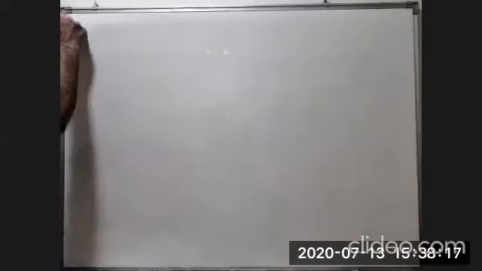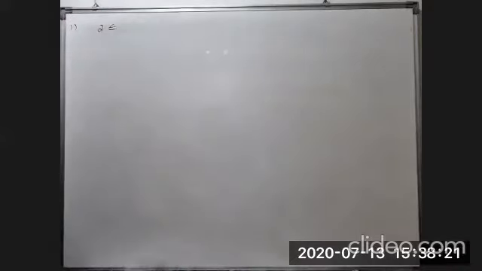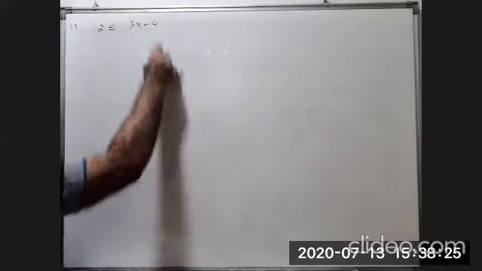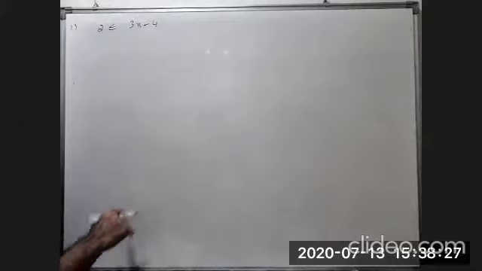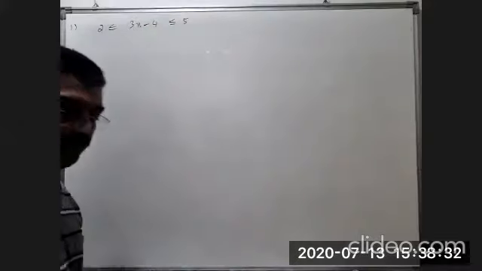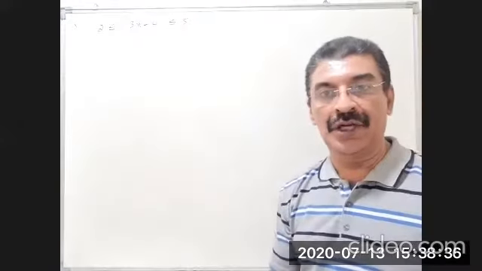Now, the first miscellaneous question: to solve 2 less than or equal to 3x minus 4 less than or equal to 5. See here, actually it's a combination of 2 inequalities.